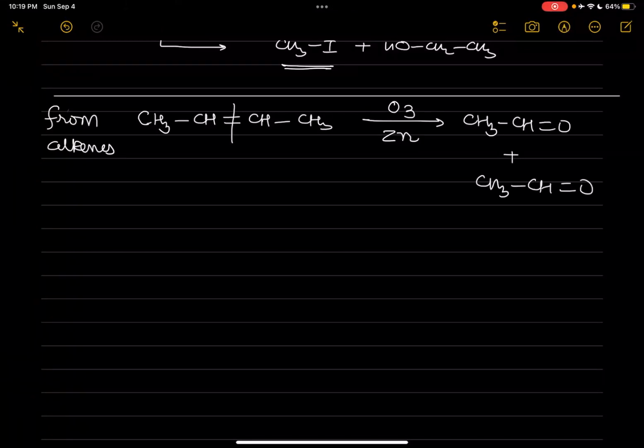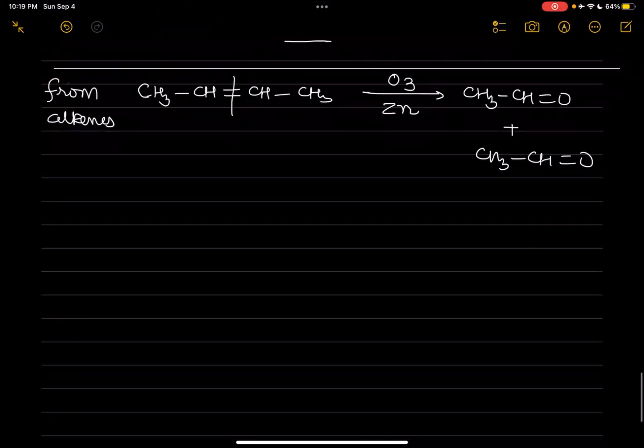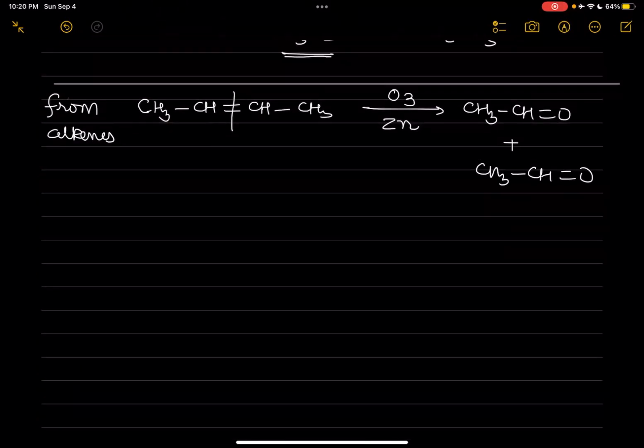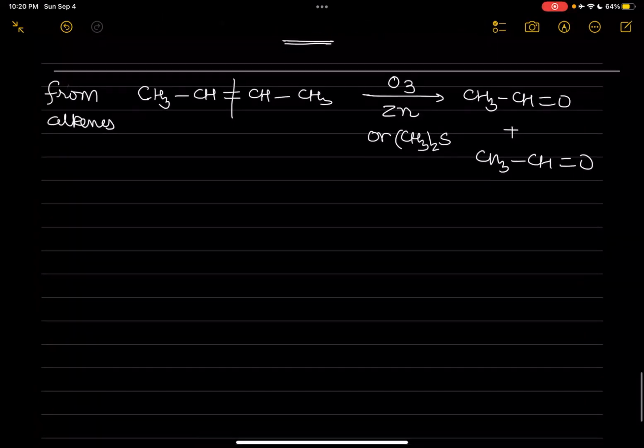So ozonolysis, with zinc or Me2S, just cut the double bond and put O on both sides, and that will give you the final answer. That's very easy. For example, if you have butene and you do the ozonolysis.